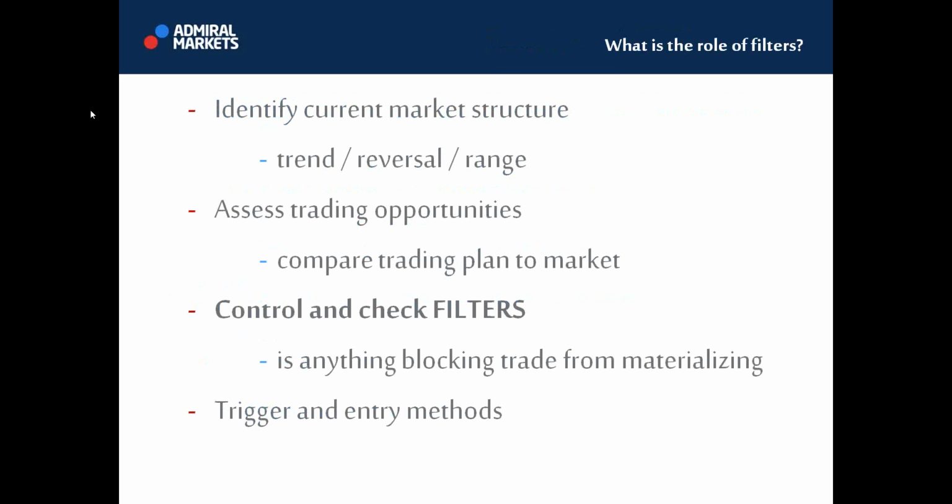Is anything blocking the trade from materializing? Because there could be tons of good things on the charts that might seem interesting to trade, but a filter could definitely block the trade from going to your take profit. A rule that some traders use is, for example, try to find 3 good things that are good for a trade, but if you find one that isn't good for your trade, then that's not worth trading, right?